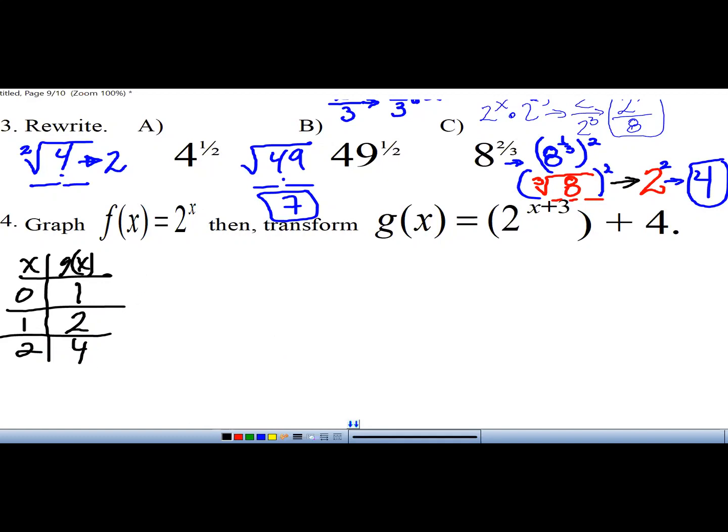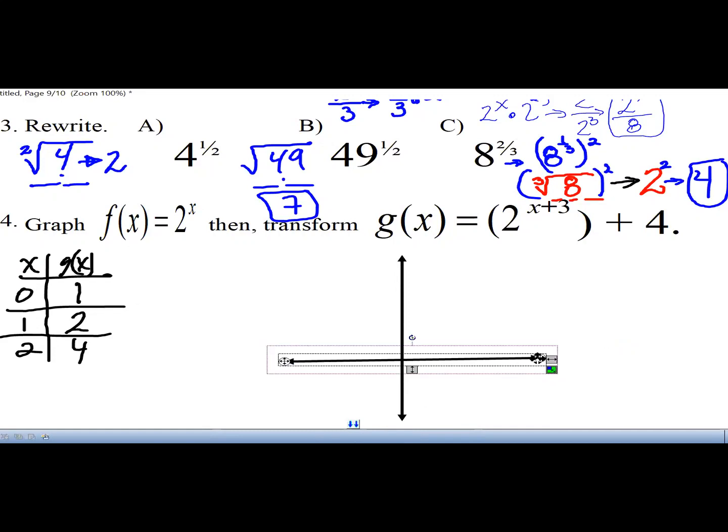So let me graph that. That's a little crooked. I think that's it. All right.